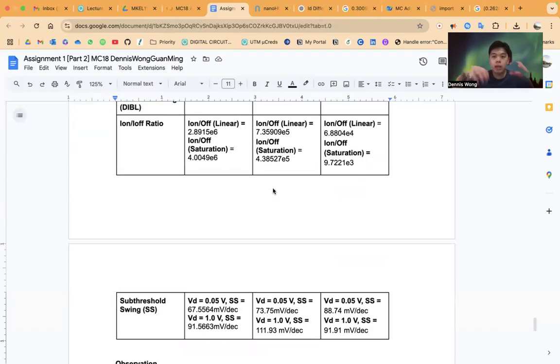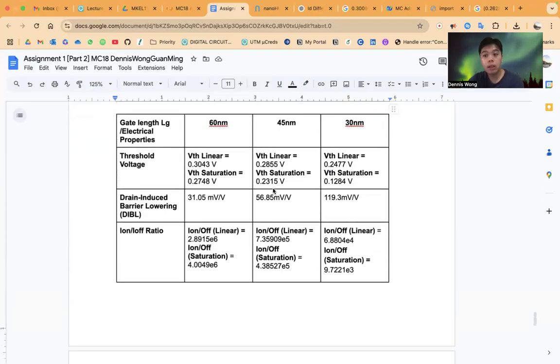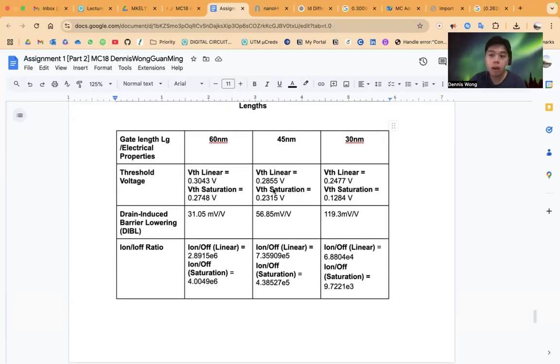So when we increase the gates, let's say we have a few gates surrounding the transistor itself, we have more electrostatic control of the transistor, and then we can turn the transistor on and off. We can control the transistor better. So this is one of the ways to mitigate this issue, the short channel effect.